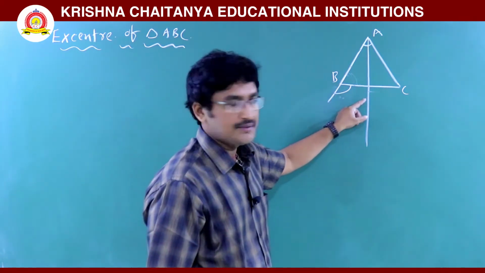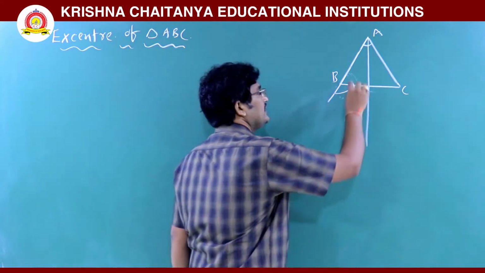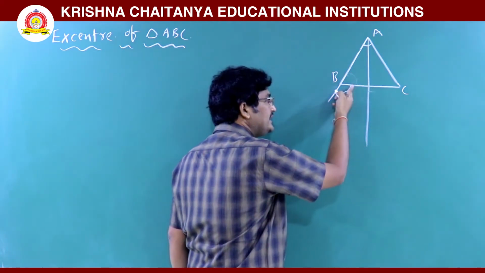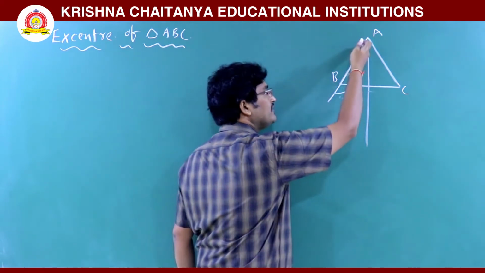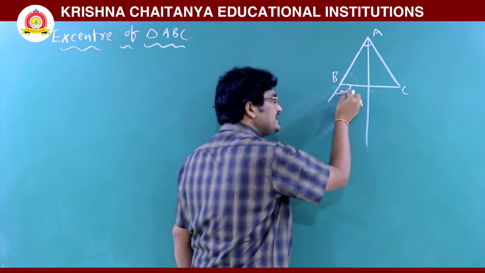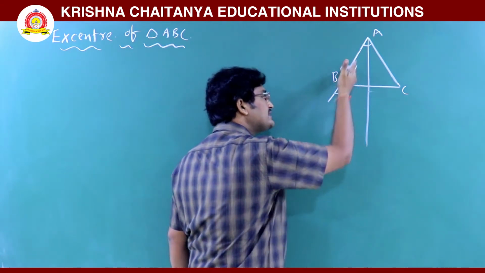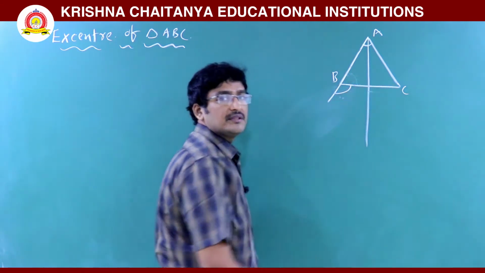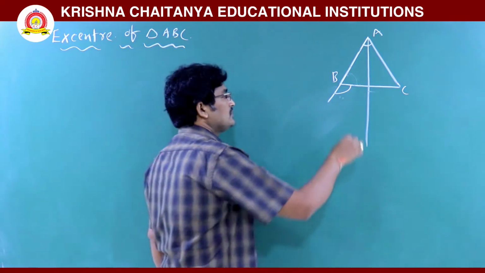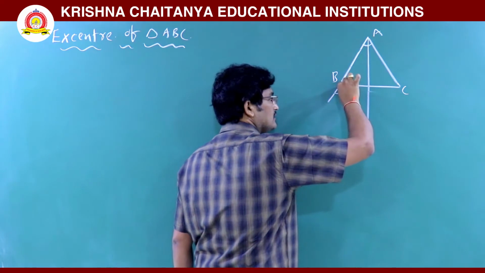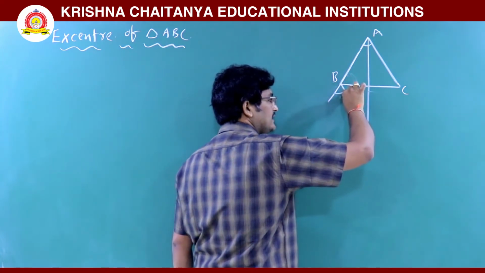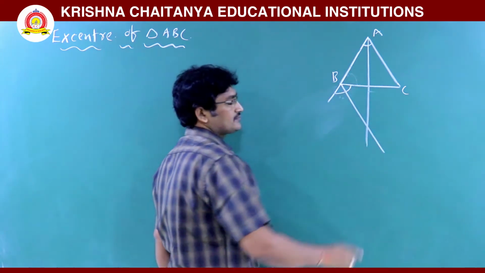You have to observe that. It is the internal angle of B between these two sides, and it is the external angle between the same two sides. This line bisects the external angle B like this.